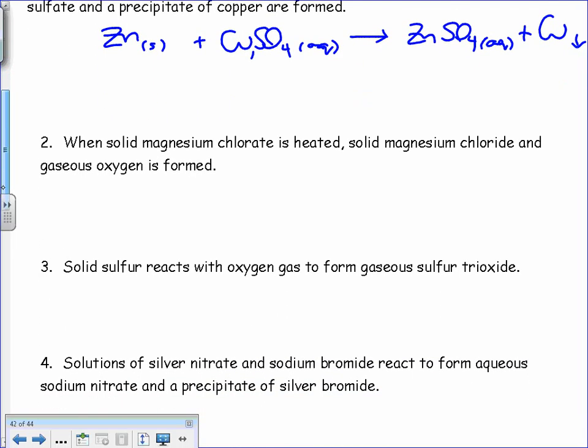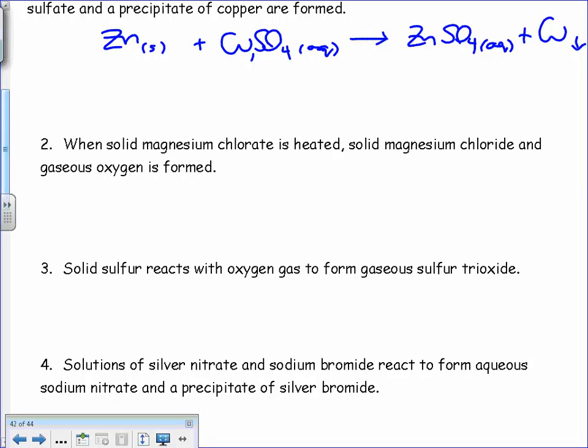Okay. When solid magnesium chlorate, get me started. Mg. Good. We know chlorate is ClO, hold on, ClO what? 3. Parentheses 2. Good, because magnesium's got a 2 plus charge. Don't forget that. So when solid is heated, so what else do I need here?